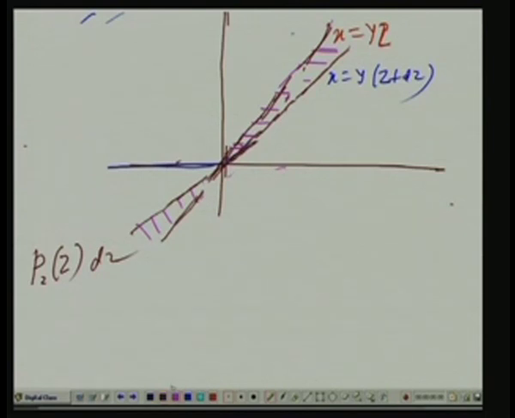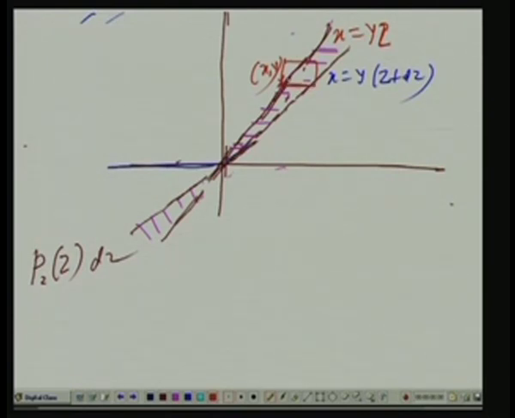Let me take a particular point x comma y, where obviously x equal to y z for this y. Here I take an infinitesimally small area. What is this area?